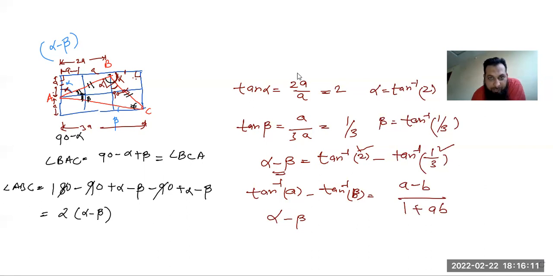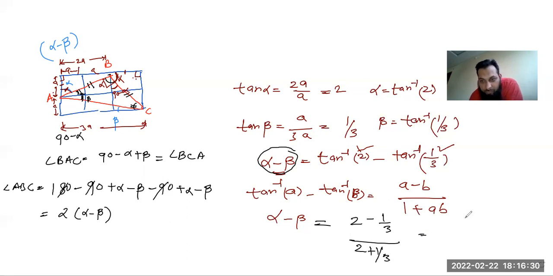So it is equal to A minus B upon 1 plus AB. So 2 minus 1 upon 3 divided by 1 plus 2 times 1 upon 3, which is equal to 5 upon 3 divided by 5 upon 3, which is nothing but 1.